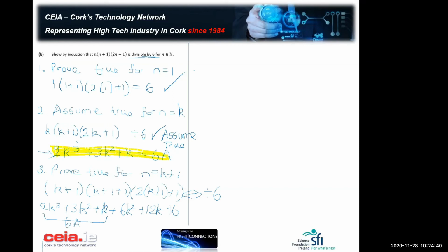So now we have 6a plus 6k squared plus 12k plus 6. Now this part here, we can take 6 out of it, and here we can take 6 out. So if we take 6 out of the whole lot, we have 6 times a plus k squared plus 2k plus 1.